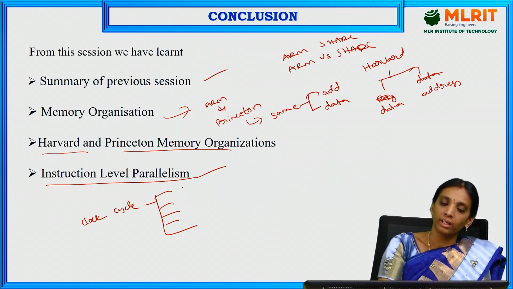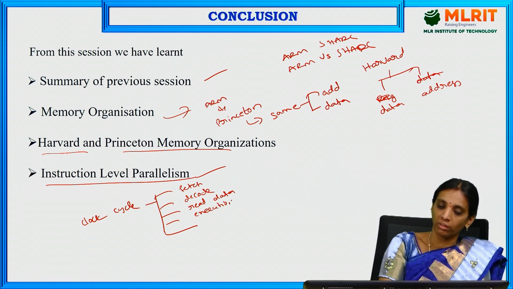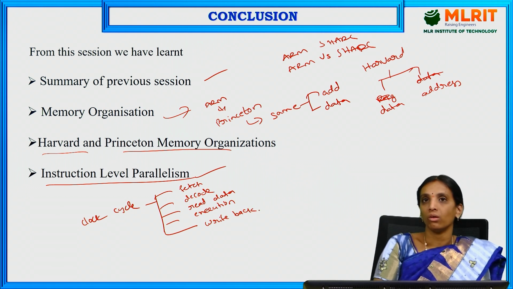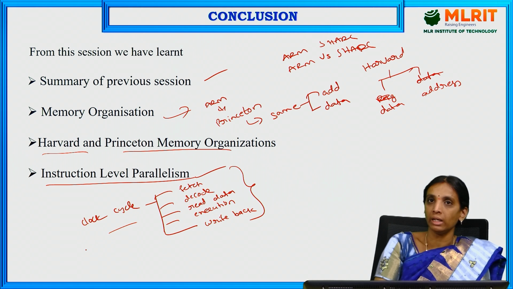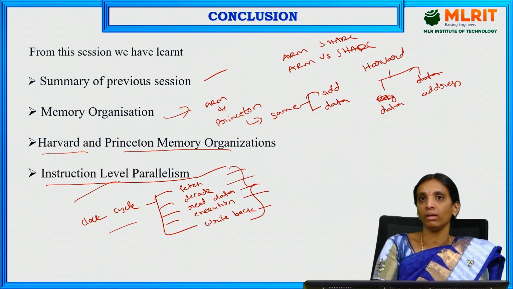One instruction goes for fetching, one goes for decoding, another goes for reading the data, another goes for execution, and another goes for writing back the data to the registers. In the same clock cycle, all the operations are performed, one instruction each. That is called instruction level parallelism.